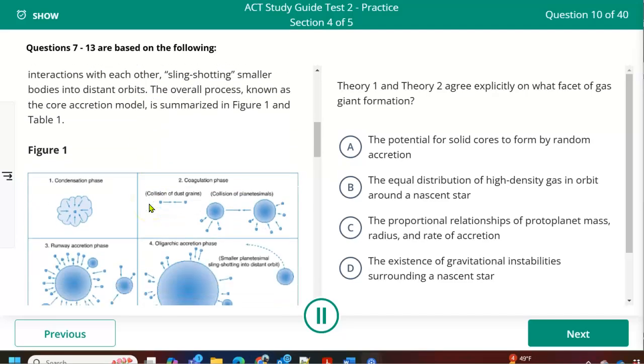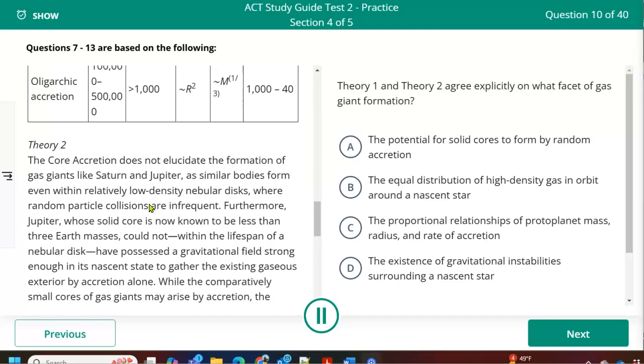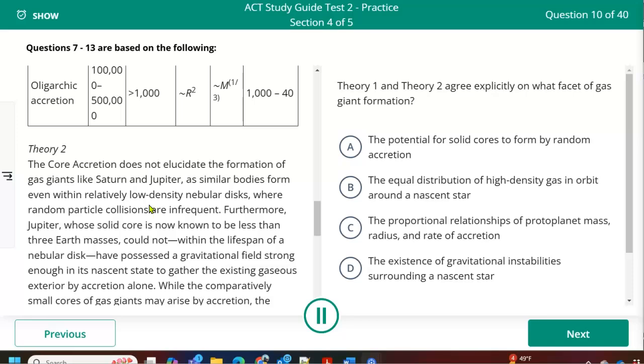So it looks like we're going to have to go down at this point and do a little bit of reading in theory 2. Okay, so the core accretion does not elucidate the formation of gas giants like Saturn and Jupiter. Similar bodies form even within relatively low density nebular disks where random particle collisions are infrequent.